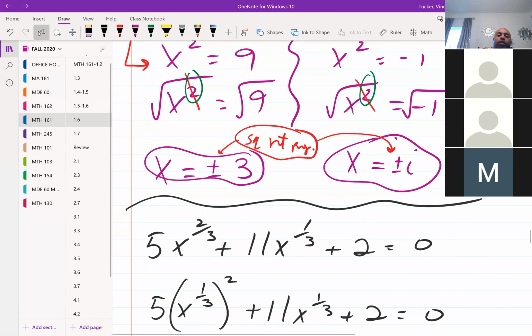All right, so the next one takes on the same quadratic form. We have 5x to the 2/3 plus 11x to the 1/3 plus 2 equal to 0. It takes on the quadratic form because we have x to the 1/3 and then x to the 1/3 squared in the first term.